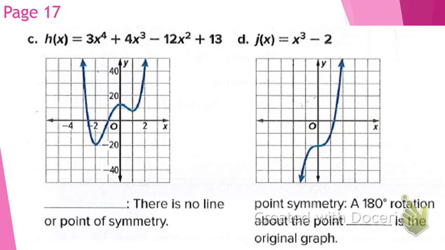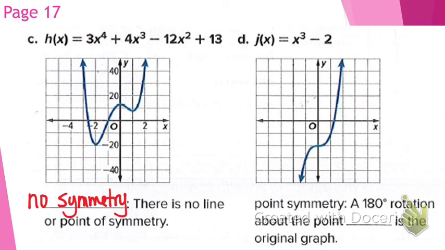Go ahead and look at C and D. Now, this has no symmetry. So not all graphs have symmetry. It is possible to have no symmetry. In other words, there isn't a place that I can draw a line. If I draw a line right here, this side doesn't look the same as the left.